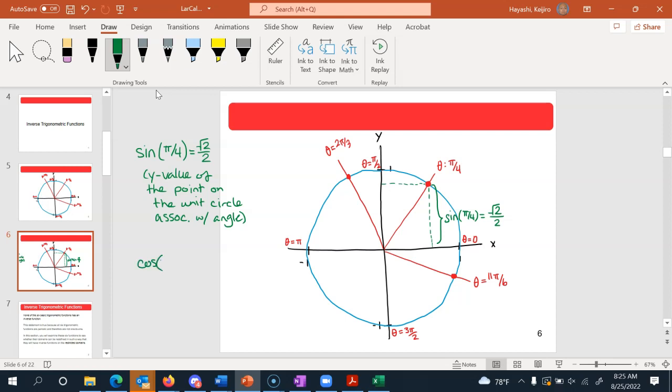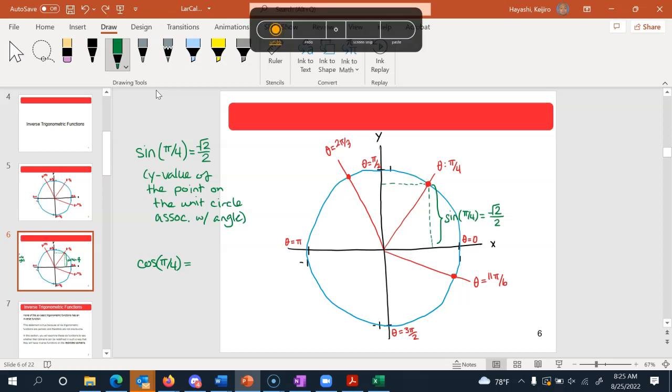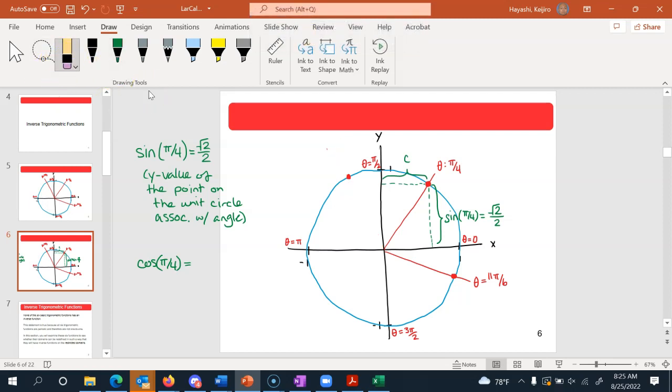Similarly, cosine. Because this is a 45-degree angle, you might be able to surmise that the x value of that point is going to be the same as the y value of that point, because it is a perfect 45-degree angle. And it is. It is also square root of 2 over 2. Let me just erase these points that we're not going to use, just clean up a bit.